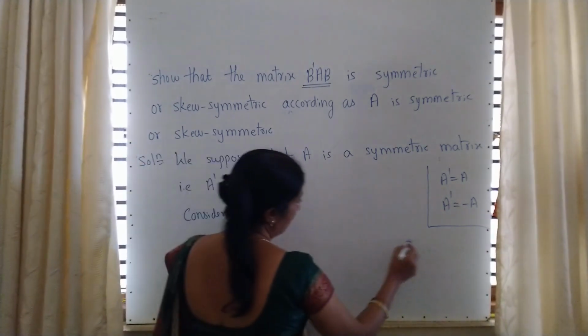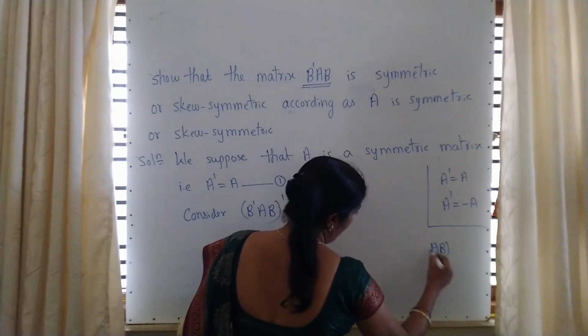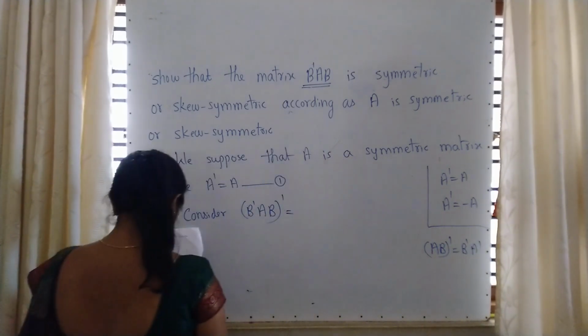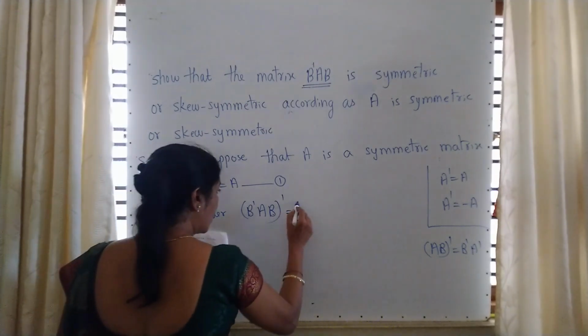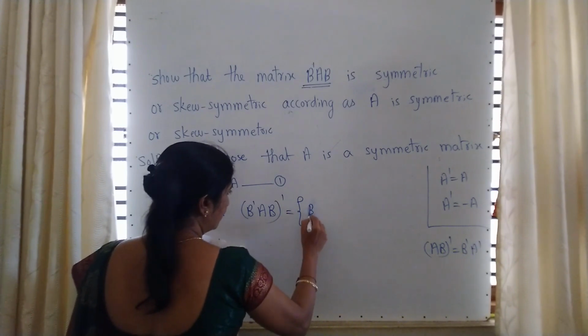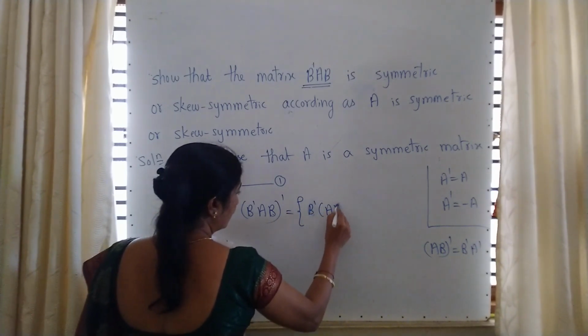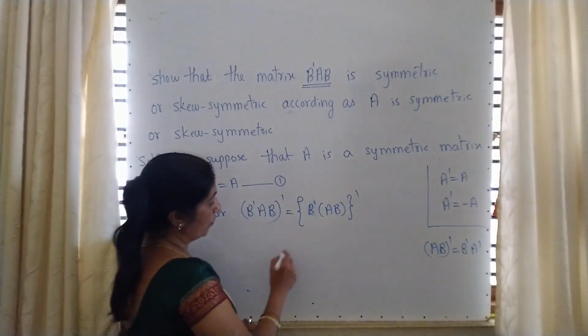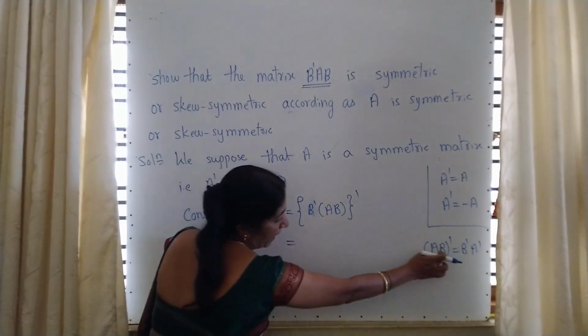And here, what is AB whole transpose? It is B transpose into A transpose. Have you remembered? So here I am writing one more grouping here. Yes, because the multiplication is associative. Now, for this, apply this property.